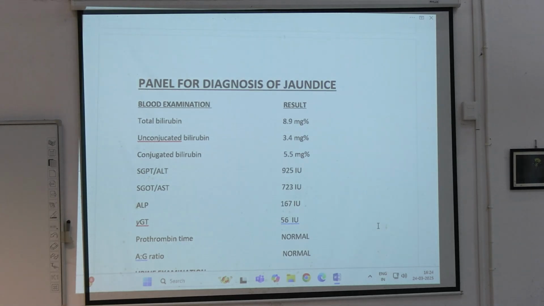So the total bilirubin raised, or hyperbilirubinemia, is attributed to increase in both conjugated and unconjugated bilirubin. Both are increased, but the strikingly increased portion is the overwhelming increase in SGPT and SGOT. So this is a case of hepatic jaundice.